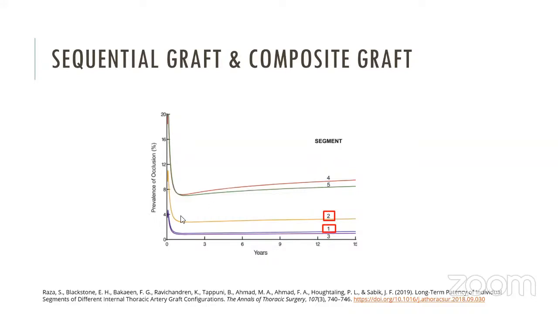So around 96% of the grafts after the sequential graft will be patent after nearly 15 years, while in 15 years, around 40 or 60% of the saphenous grafts will be patent.